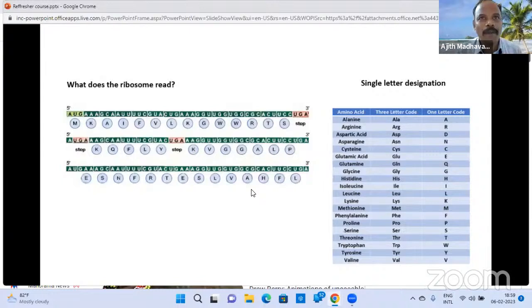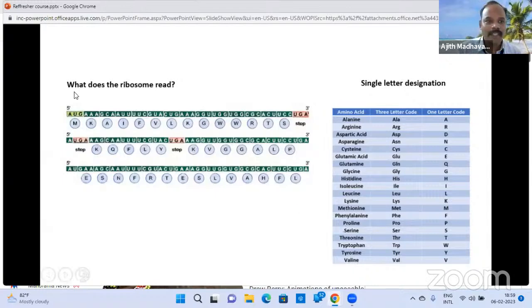Okay, I told you 4 power 3 is 64. There are 64 codons. So what is a codon? The 3-letter words in molecular biology are called codons. So basically, the open reading frame has codons in it.